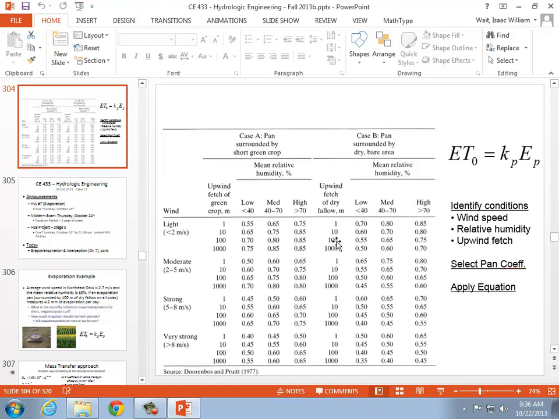And so dry fallow means we're going to be using this column. The wind speed of 2.7 meters per second puts us in the moderate range, and the upwind fetch is 100 meters, and the relative humidity that we're given of 65% puts us in this column. And so it tells us that the K value that we're going to use, the pan coefficient, is 0.60.